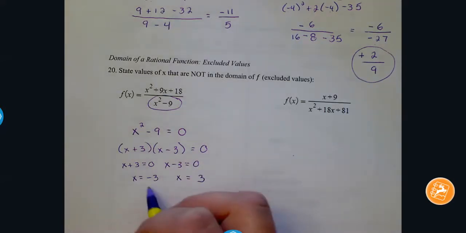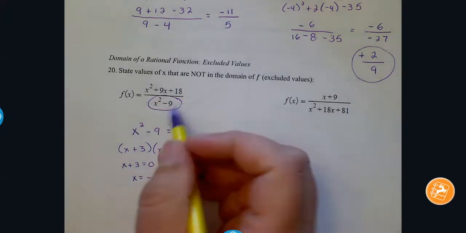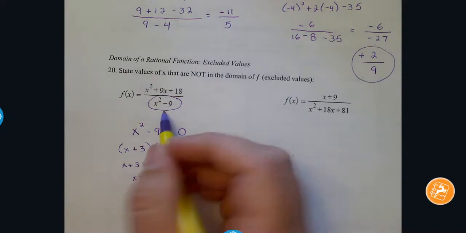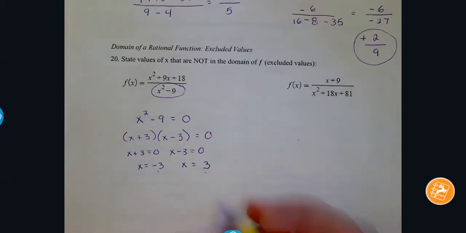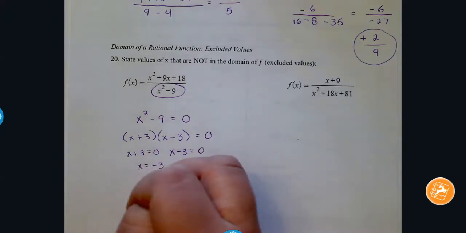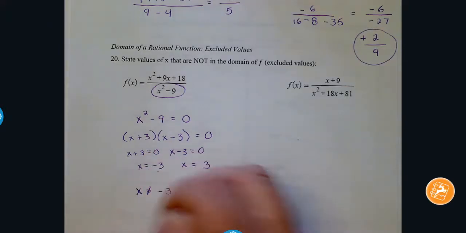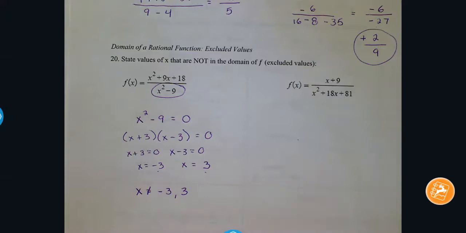So when x equals negative 3 and x equals positive 3, that makes the denominator 0, which leads to an undefined answer. So in conclusion, x cannot equal negative 3 and 3. So those would be our excluded values.